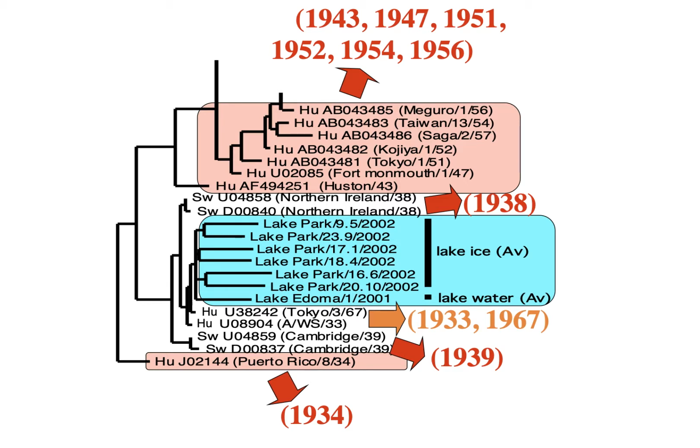Interestingly enough, in the cladogram or the phylogram, they came out very close to a couple of strains, one from Tokyo from 1933 and 1967, another group found in 1939, and then some others that were around in the human population in 1938. So we think this is evidence for this genome recycling over a period of many decades.